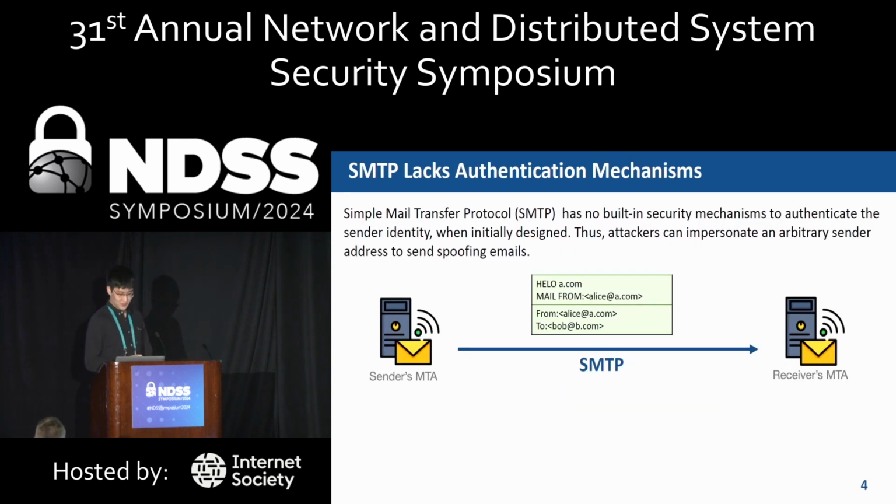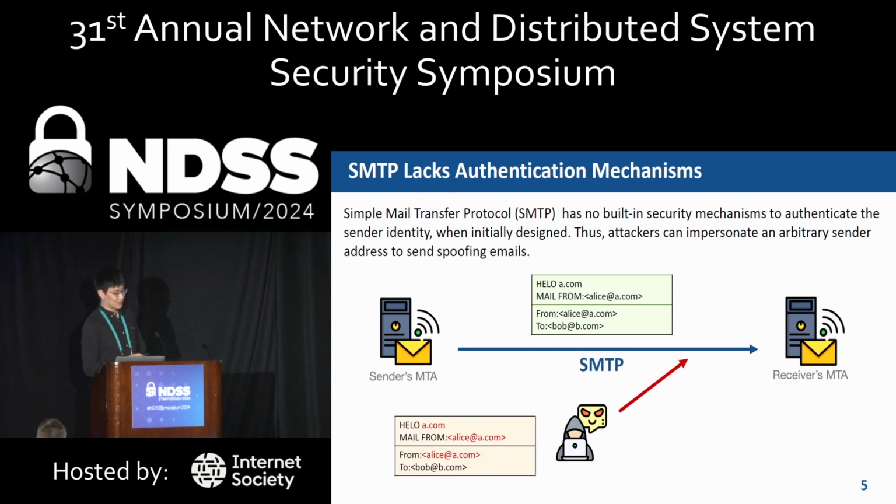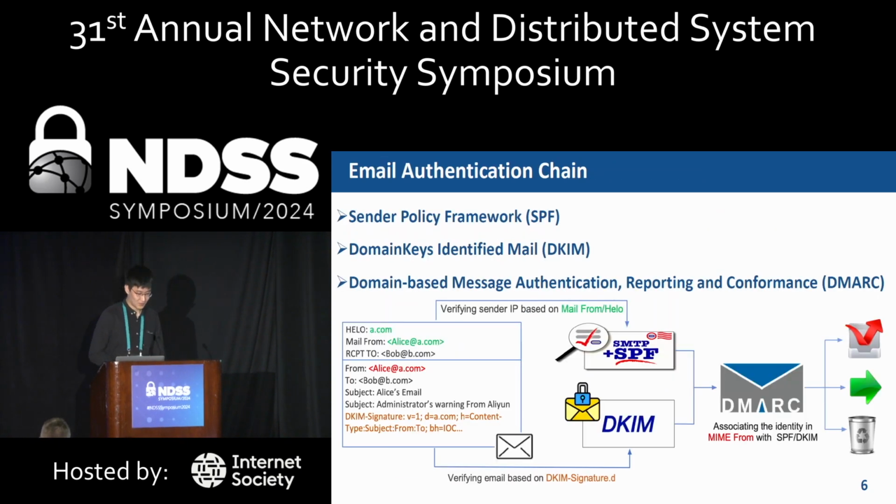In fact, it's pretty easy to launch an email spoofing attack because the basic SMTP protocol lacked necessary authentication mechanisms when it was initially designed. Attackers can impersonate arbitrary sender addresses to send spoofing emails. For example, as we showed here, attackers can claim the email is sent from alice@8.com or bob@8.com, or whatever they like. And it's difficult for the receiver to distinguish which email is really from Alice.